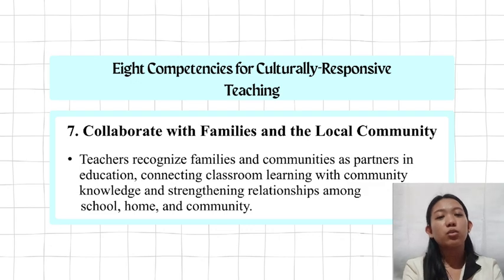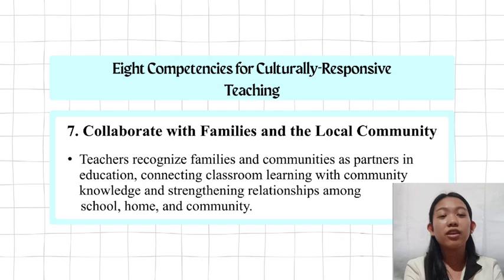Teachers can communicate with families, involve them with learning activities, and connect classroom lessons with community knowledge. This strengthens the relationship between school, home, and community and helps teachers better understand their learners. Finally, all these relationships depend greatly on effective communication. This brings us to our final competency.